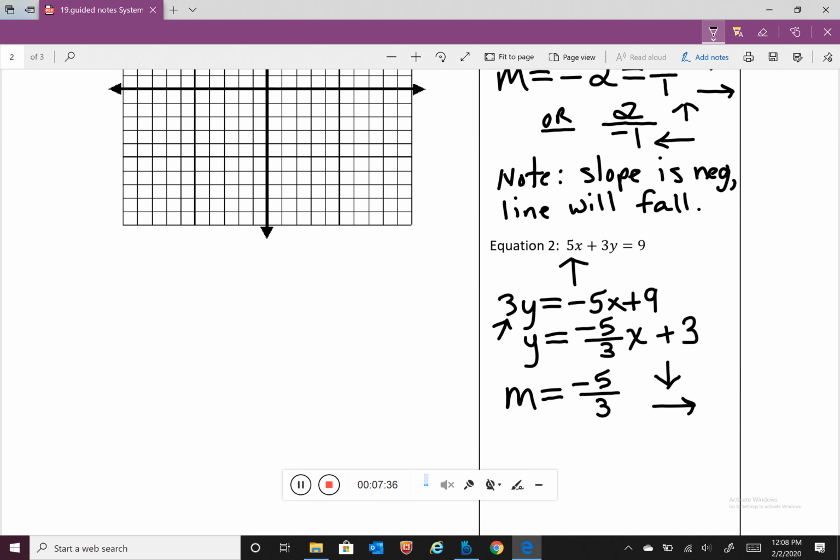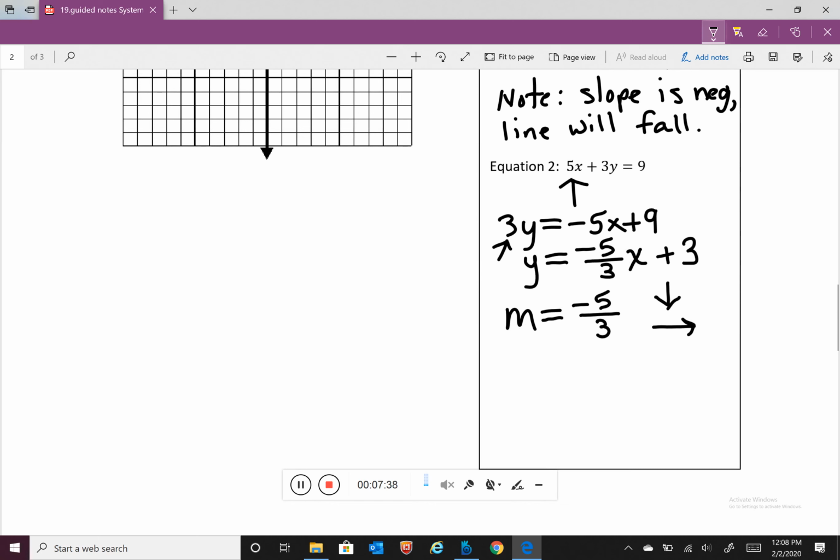to the right 3. Another way to write this is +5 divided by -3, which means we're going to go up 5 and to the left 3. Now to get started with graphing each of these linear equations, we need to not only identify the slope, but also the y-intercept.